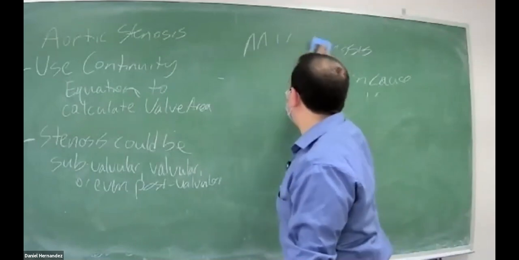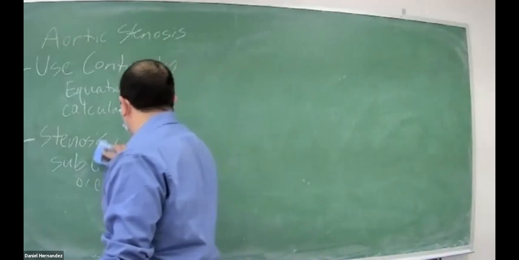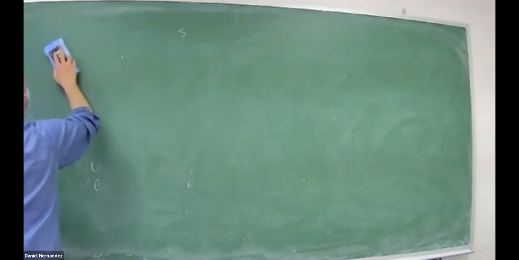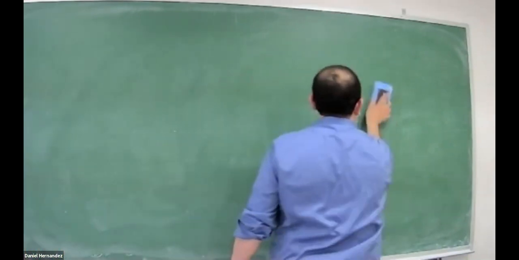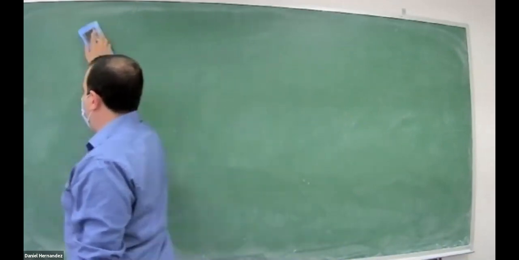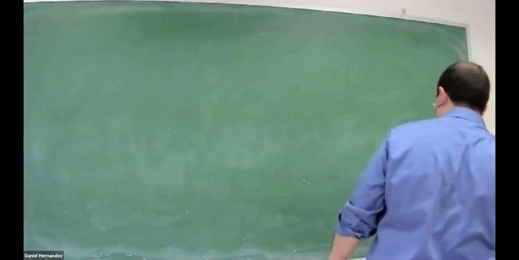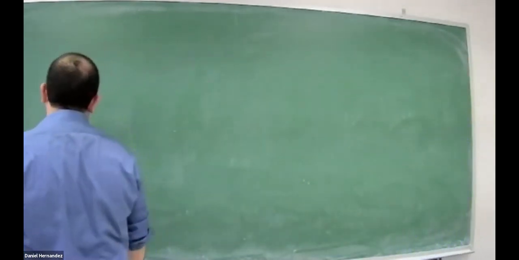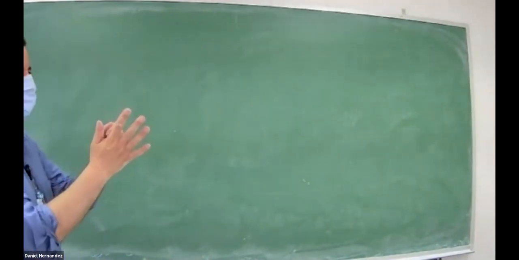With restrictive cardiomyopathy, the main thing we see is biatrial enlargement. We have normal systolic function but abnormal diastolic function, so abnormal ventricular filling. The ventricles are stiff, they can't expand, but we are able to contract the ventricles.